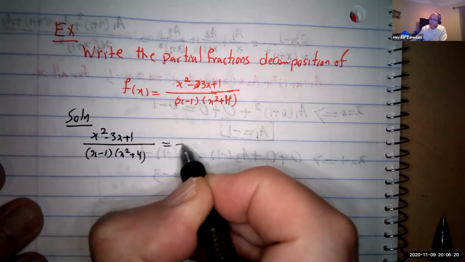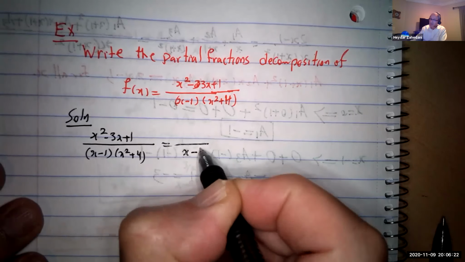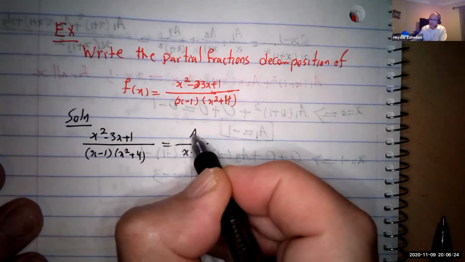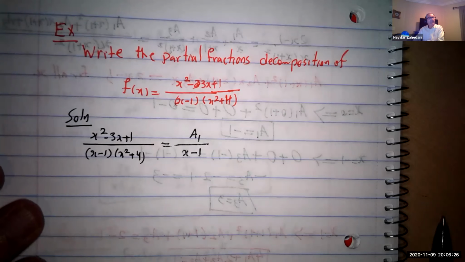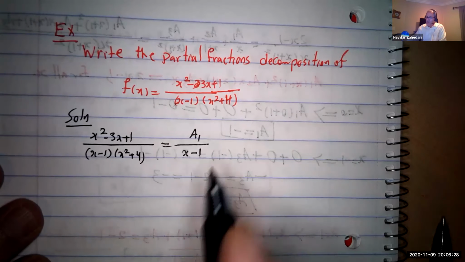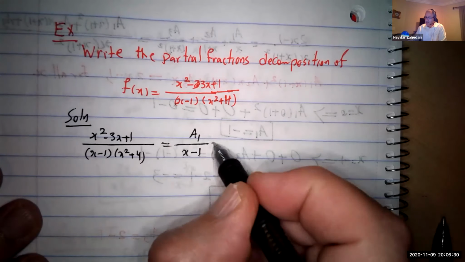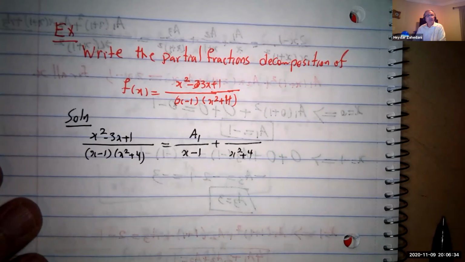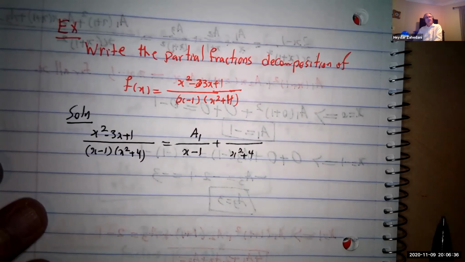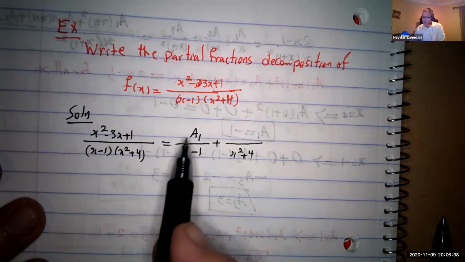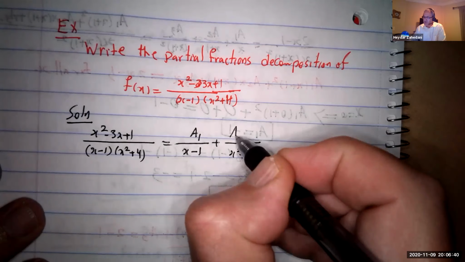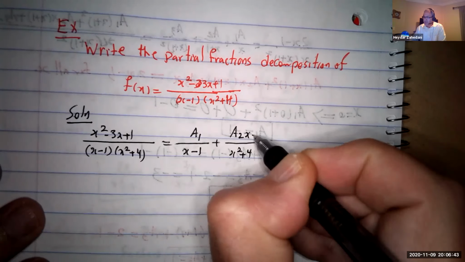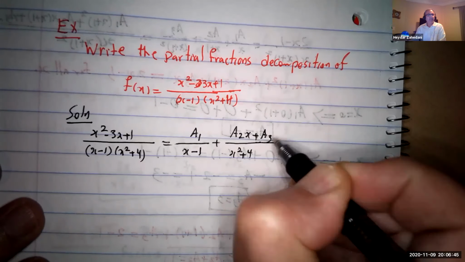So I have one linear factor, x minus 1. It's not repeated, so I have the a1 on the top. It's done with the first one, but the second one, we have x squared plus 4, which is quadratic. So I have to put a linear on the top. I've already got the a1, so I'm going to call this one a2, a2x plus a3.